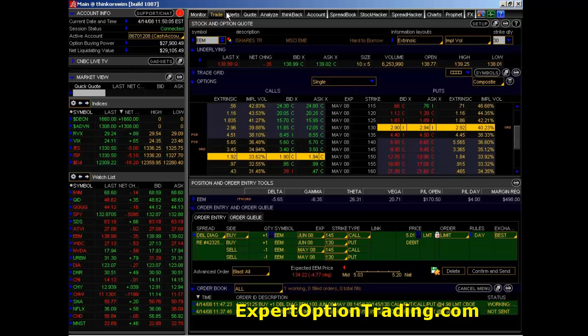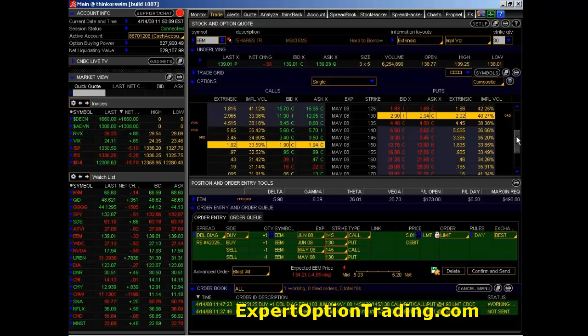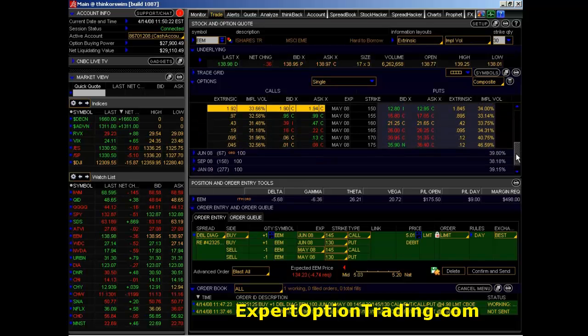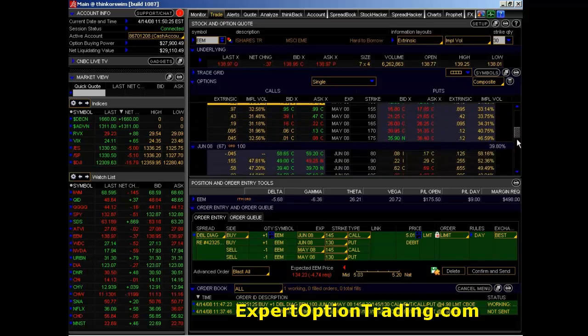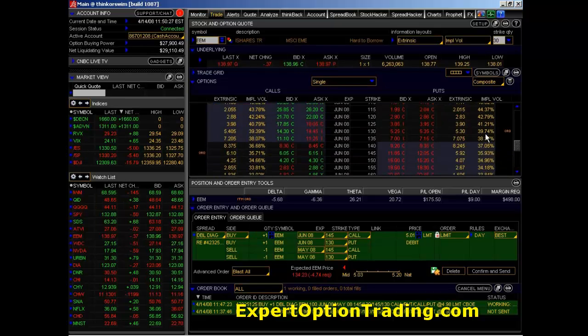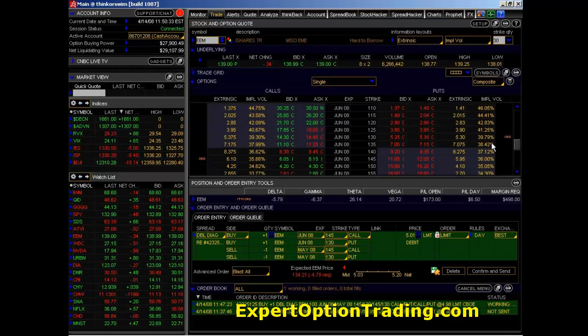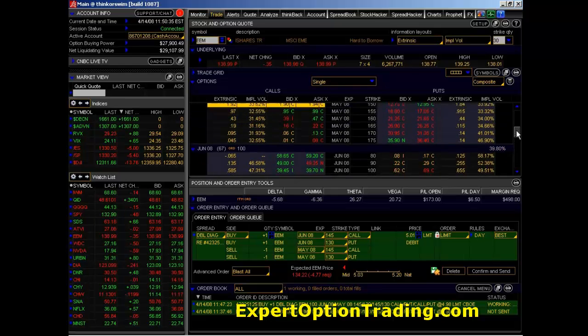What we also want to do here, and I should have done this first, is take a quick look at the volatility levels. The May 130s are actually at 40.21. The implied volatility level on the May 150s is at 33.64. If we take a look at our Junes, they're at 39.74. So we're selling a little bit higher volatility here, and we're buying a lower volatility, which is what we want to do.